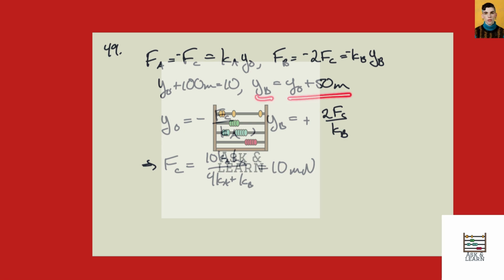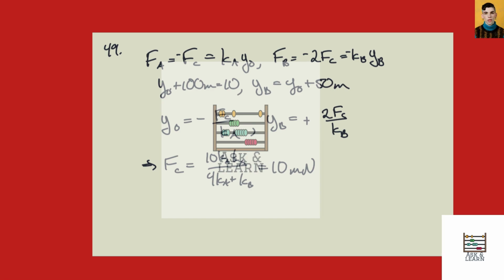So we can use these equations to get y naught and solve for YB, then plug those in here and here, and we get an equation for FC and m. We could figure out what m is, but we're not asked to do that.